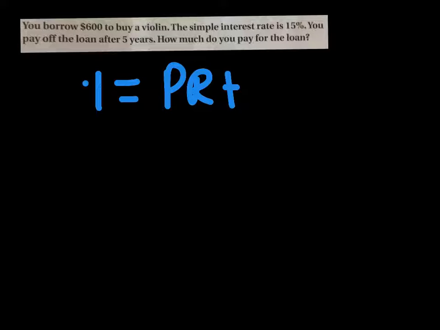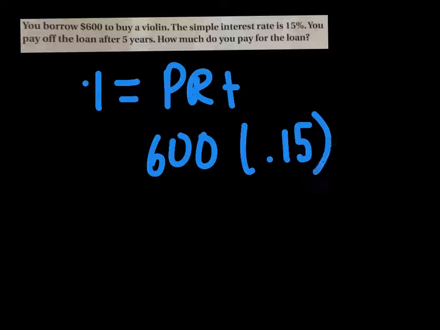Okay, so you borrow $600 to buy a violin. The simple interest rate is 15%. You pay off the loan after 5 years. How much do you pay for the loan? Okay, so our principal is 600. So if we do I equals PRT, our principal was 600, our rate is 0.15, and our time is 5 years.